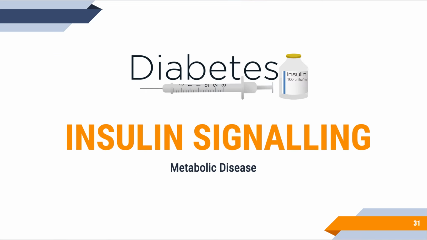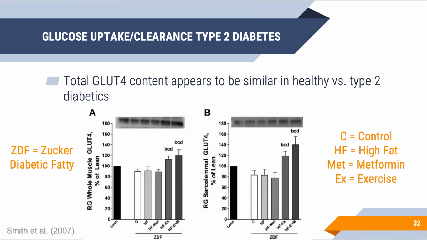So now I want to talk about insulin signaling in the context of diabetes or metabolic disease. In diabetic individuals, we actually have the same total GLUT4 content compared to healthy individuals. I want to compare lean animals versus the ZDF, or Zucker diabetic fatty, animals.